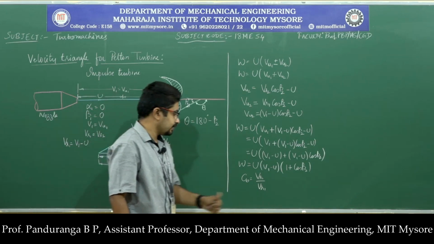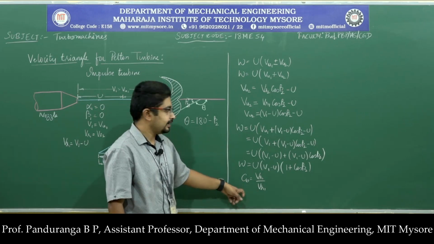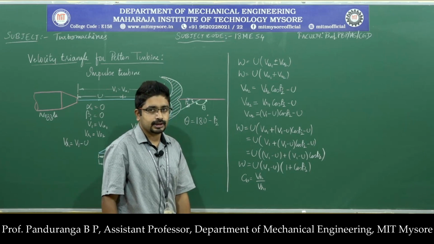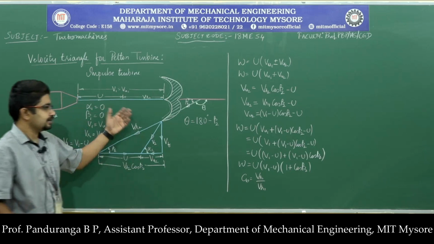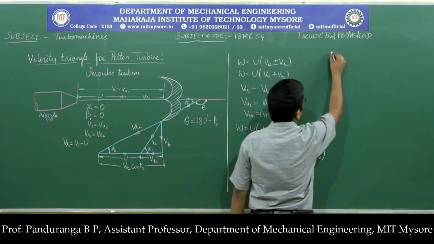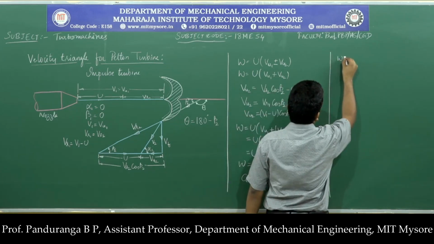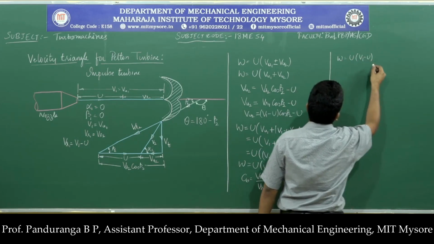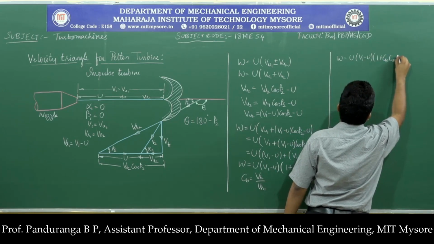So if you consider those losses, then CB has to be introduced, and if you remember the derivation, that was multiplied with cos beta 2 divided by cos beta 1. But here cos beta 1 is 0, so here we don't use cos beta 1. So I can write the work done as, work done will be equal to U into (V1 minus U) into (1 plus CB into cos beta 2).